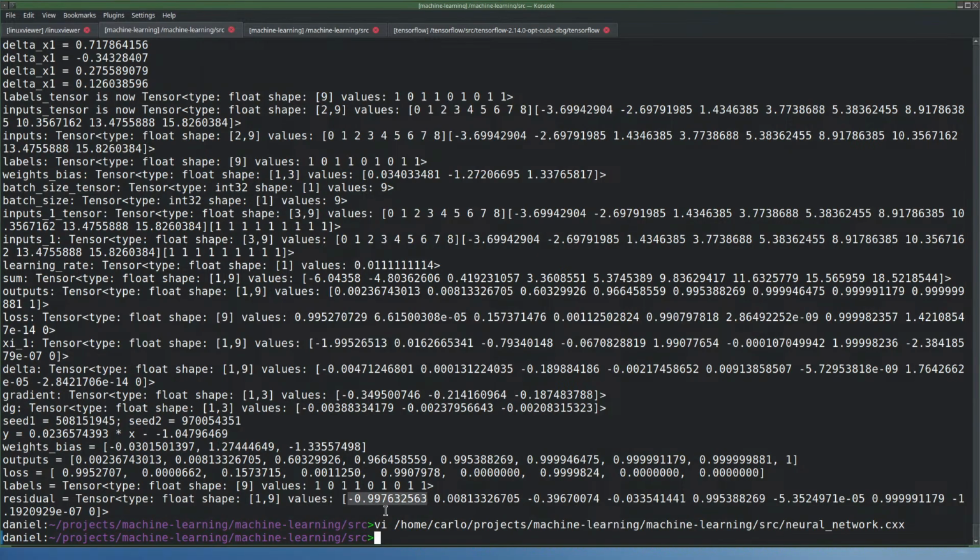How much is this squared? Calculator. 0.9976 32563 squared. Yeah, it's that number.